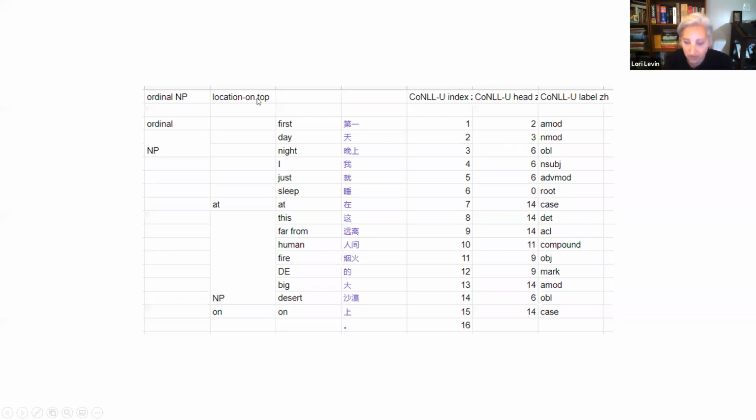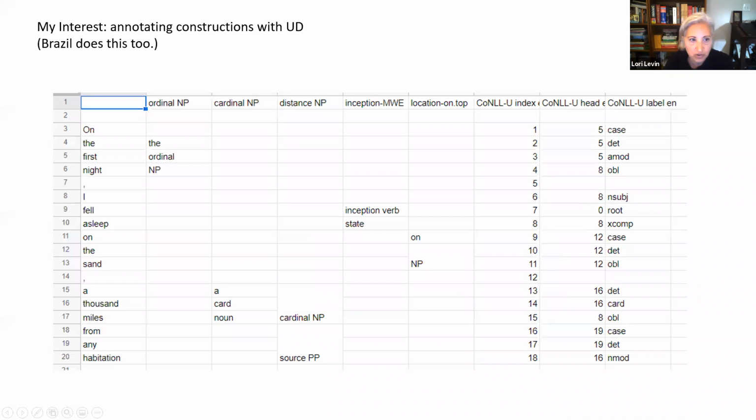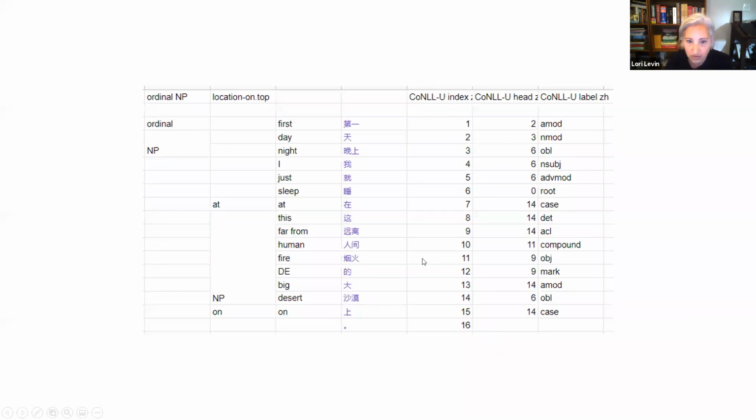And you can see that in the English location on top construction, there's just an adposition and a noun phrase. And in the Chinese location on top construction, there's a kind of circumposition, I think, with a noun phrase in the middle. So the location on top construction is a little bit different.